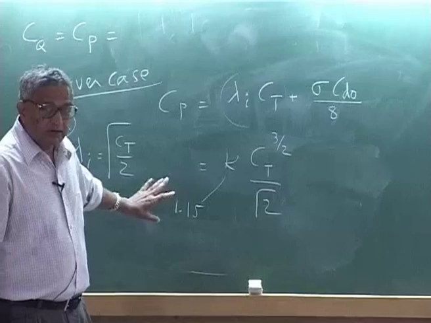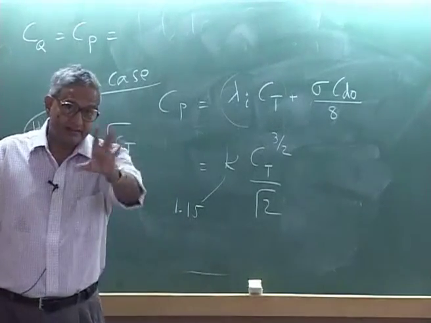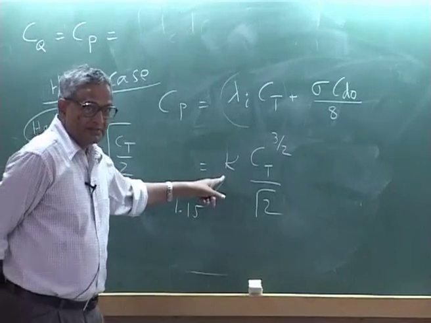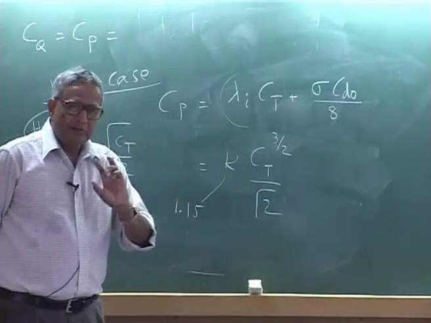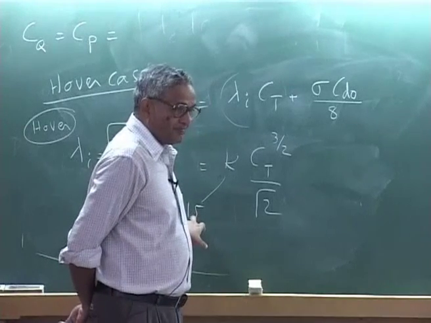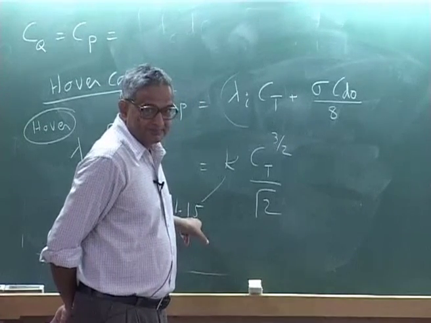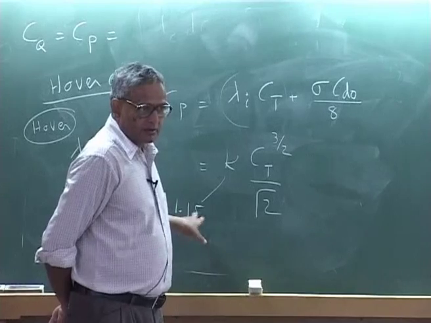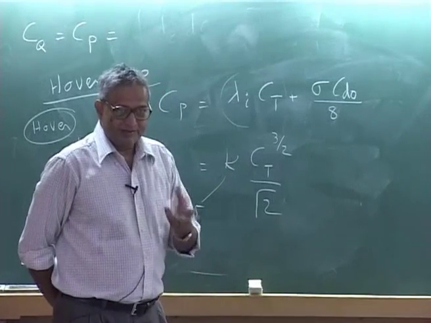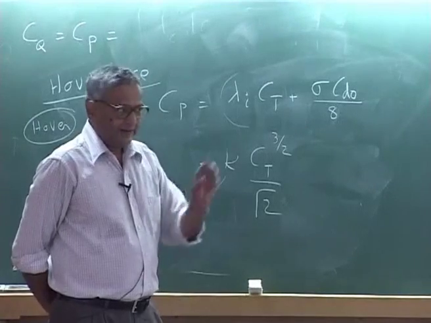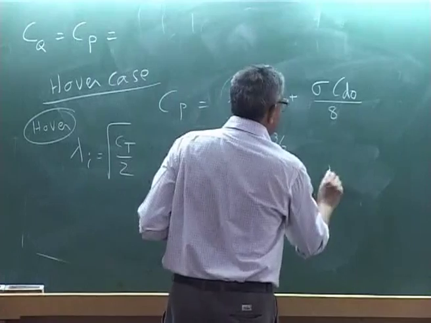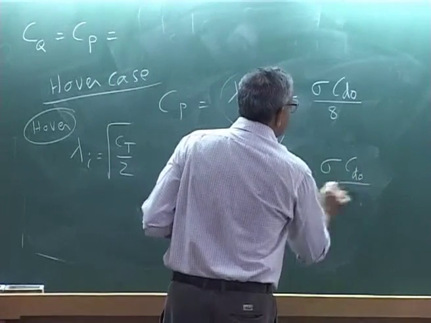Slowly you will realize the losses can be due to several reasons, because this k is an empirical factor, but you are adding 15% extra. What are all the various reasons? That part I will just briefly introduce later. Then this is sigma C D naught over 8.